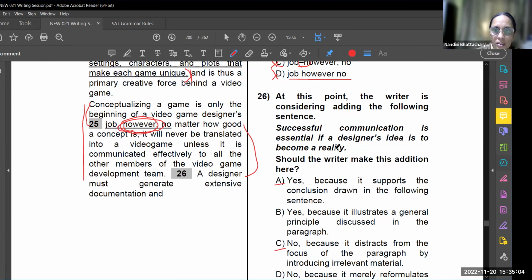Successful communication is essential if a designer's idea is to become a reality. So what is the key point here? Successful communication is essential if the designer's idea is to become a reality. Now, what do we do? We read the sentence before, we read the sentence after.